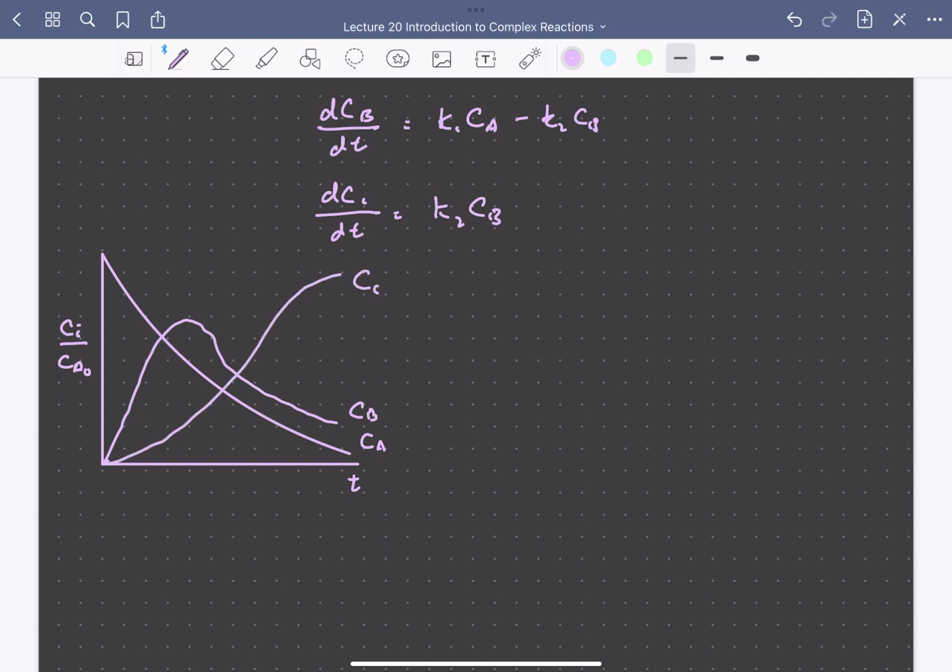So we developed analytical expressions for the time at which B is maximized here. And so that was dependent on our two reaction rate constants, K2 and K1.